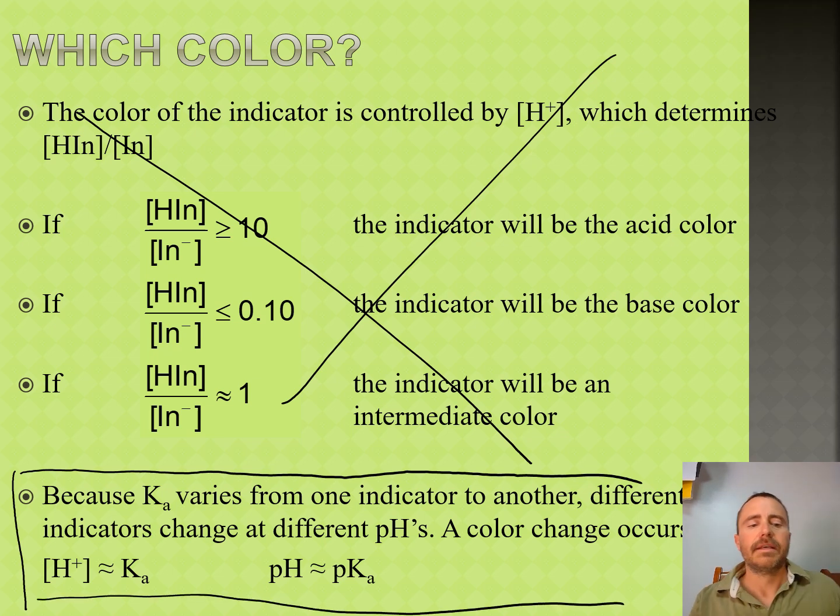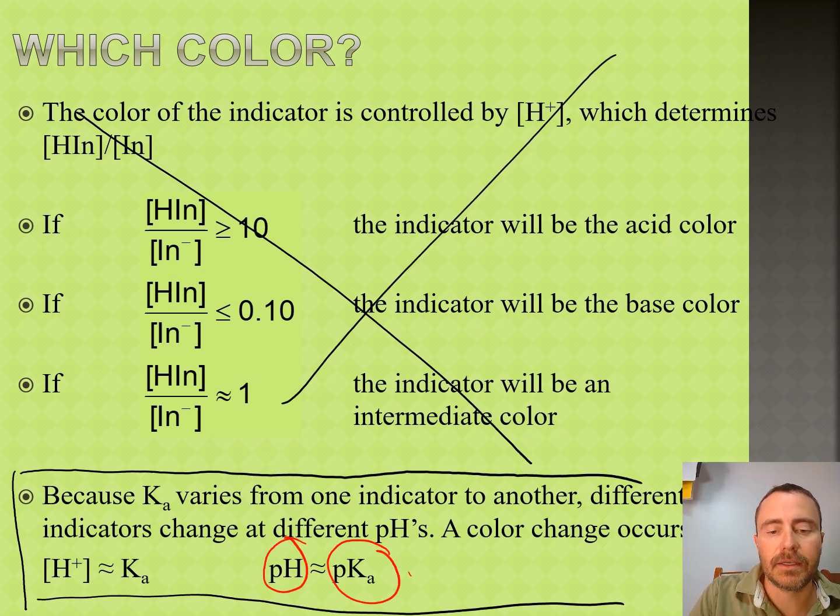It states that the color is going to change when the pH is roughly equal to the pKa. So the color change is going to happen at a pH that is roughly equal to the pKa of the indicator.